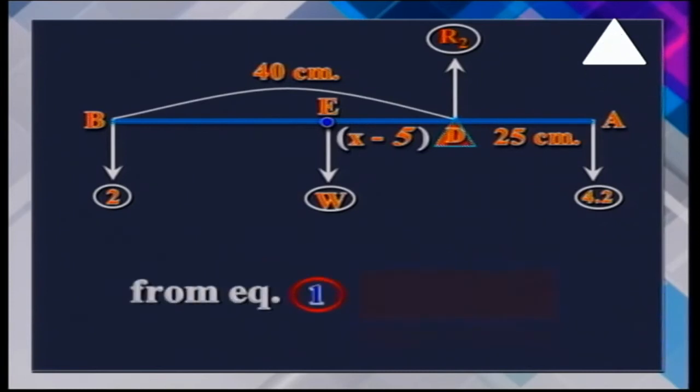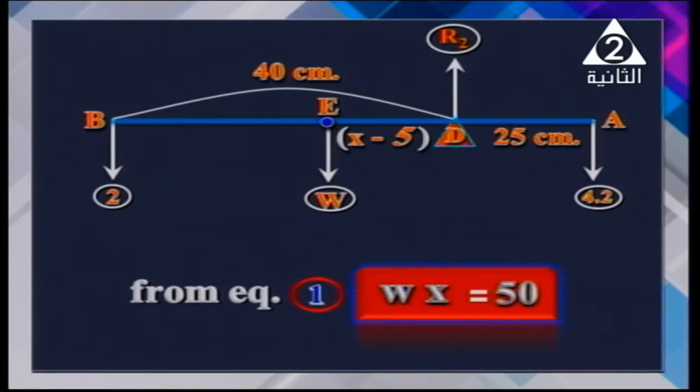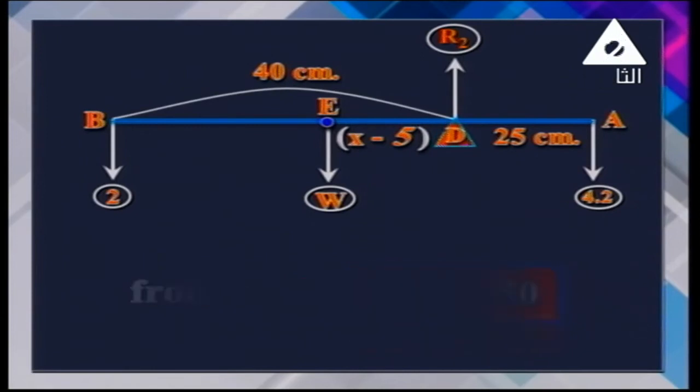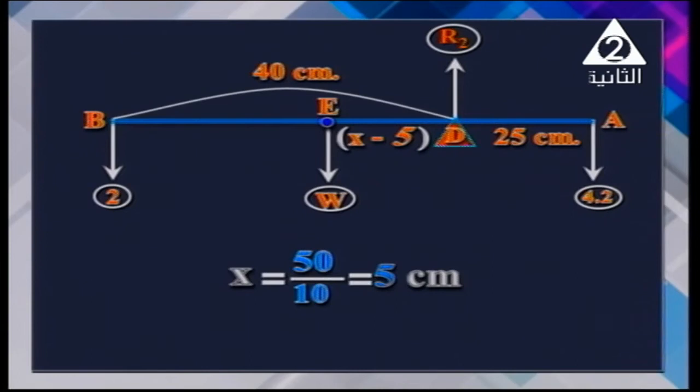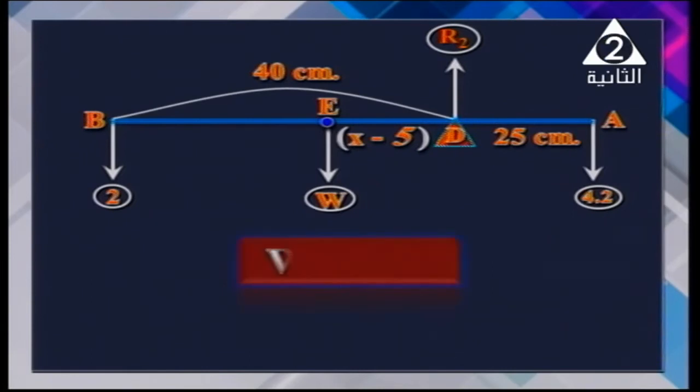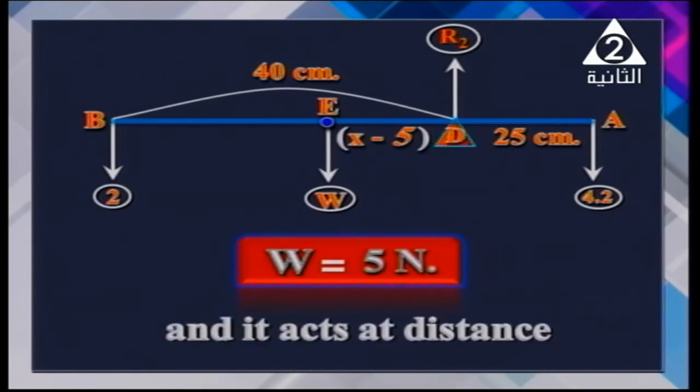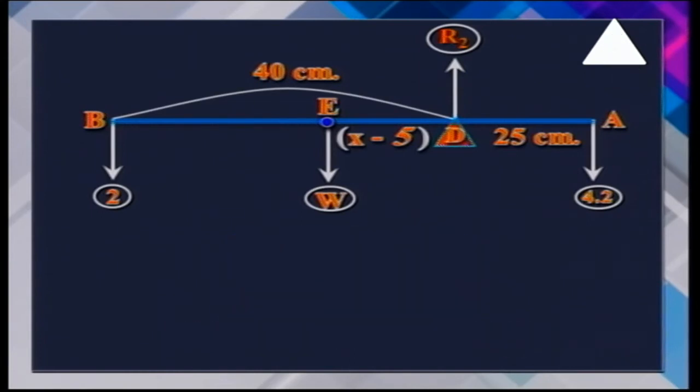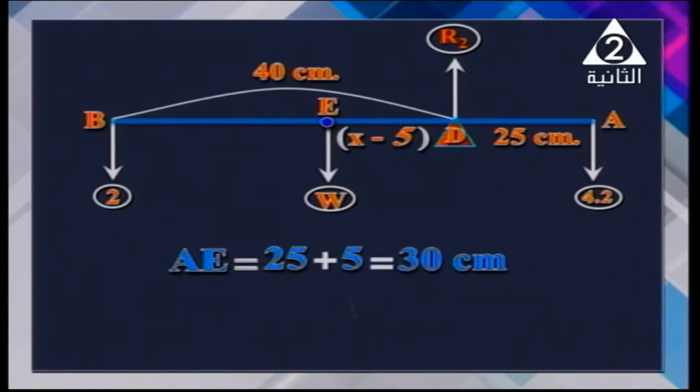From equation 1, by substitution, Wx equals 50, so X equals 50 over 10, equal 5 centimeter. Therefore, W equals 5 Newton, acting at a distance AE equals 25 plus 5 equals 30 centimeter from the end A.